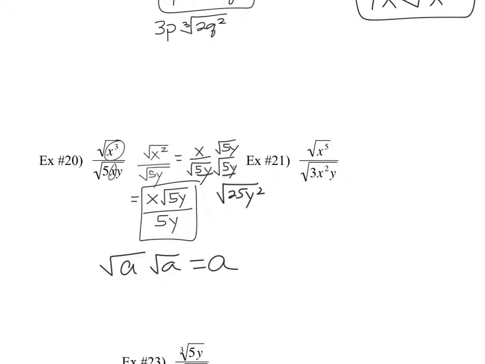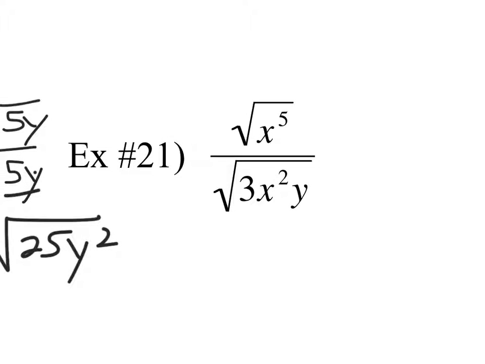All right, 21. Simplify this problem first. Do you see those x's? You got to get them combined together. We have 5 minus 2 gives us x cubed. And on the bottom, we have rad 3y. Now, this is a very similar problem to the last one, like almost too much the same.